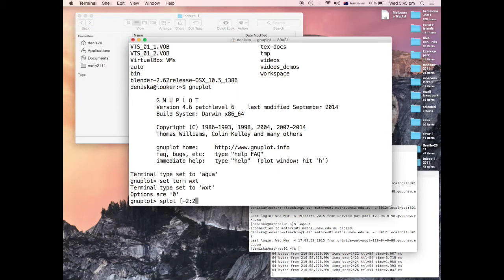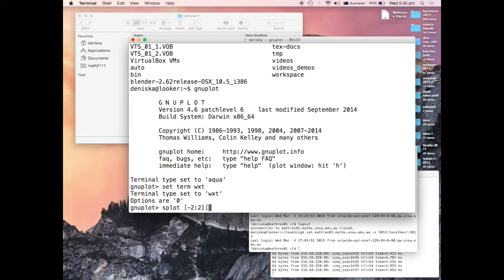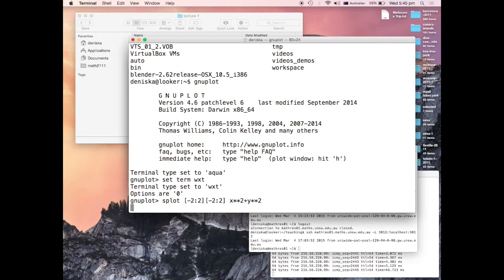In GNU plot, that's what you do. Use the splot command. You show the box over which you want to picture the graph of the three-dimensional function. It's a function of two variables, so my box will be -2, 2. And the function, the circular paraboloid, is x squared plus y squared.